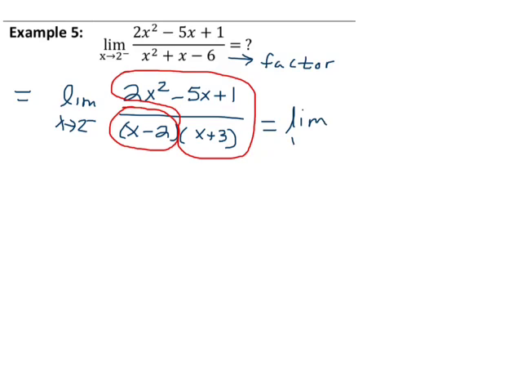The limit as x goes to 2, again from the left-hand side, of 1 over x minus 2, times the limit as x goes to 2 from the left of 2x squared minus 5x plus 1 over x plus 3.